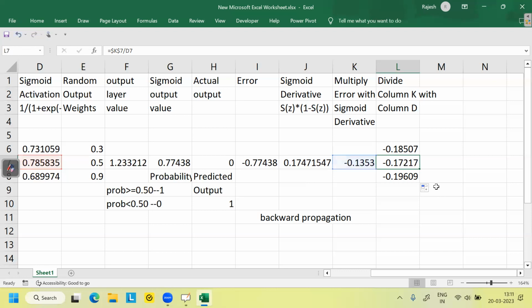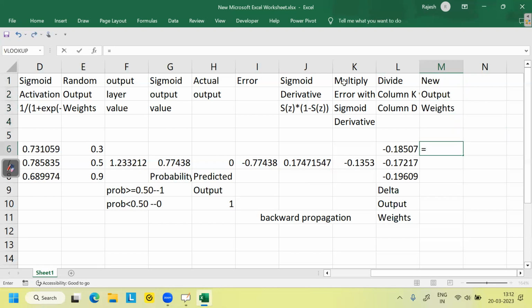Okay. So what are these? Delta output weights, which must be added to the actual output weights. So the new output weights will be equal to 0.3 plus this.